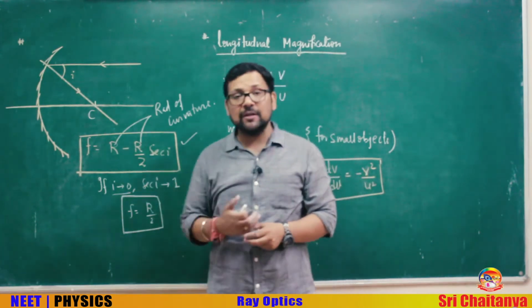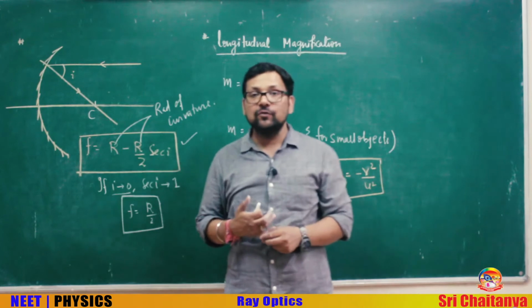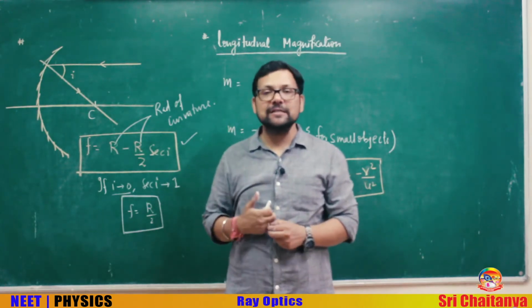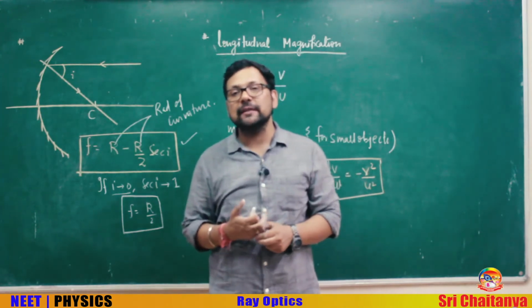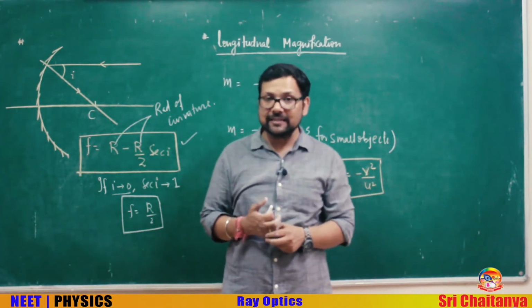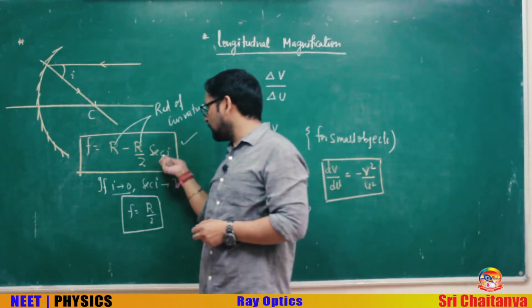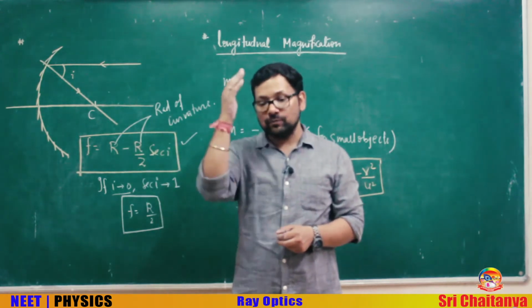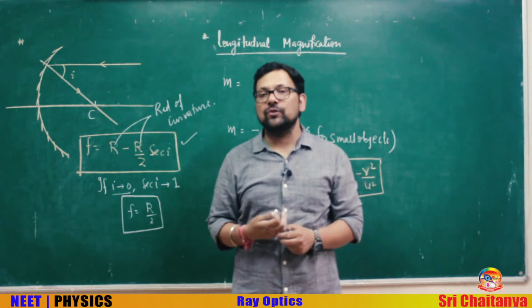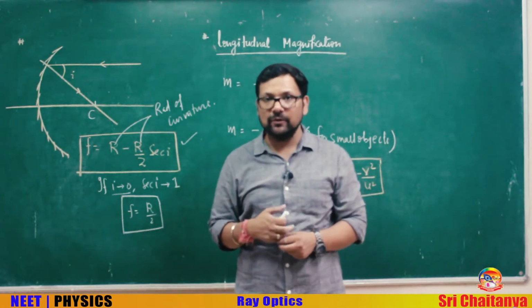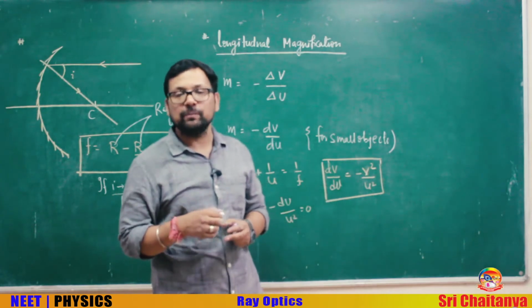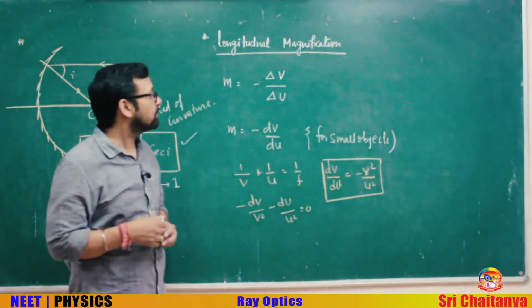Otherwise, suppose the question asks you to calculate the focal length for angle of incidence equal to 60 degree. What is cos 60? 1 by 2, and sec 60? 2. You will put 2 here, 2 cancels, R minus R, 0. From the pole it will pass, there is no focus, there is no focal length, it is 0. So the formula f equal to R by 2, do remember, is for paraxial rays, for small angles.